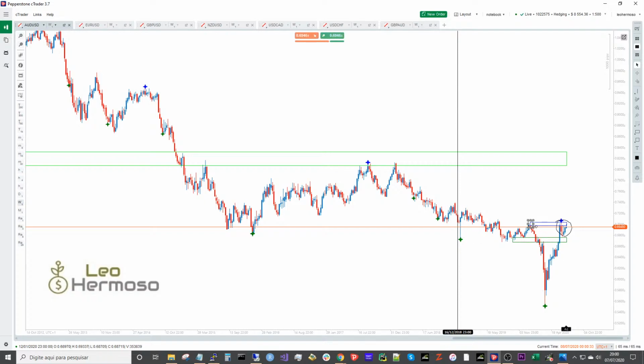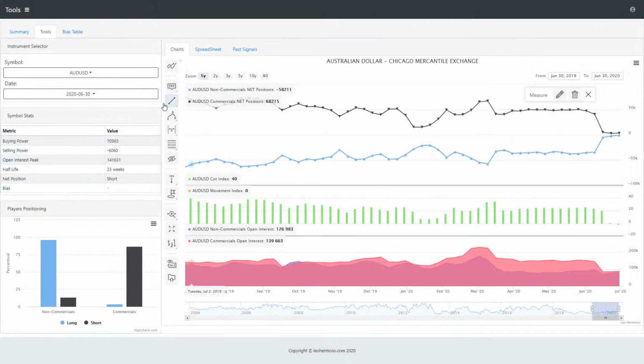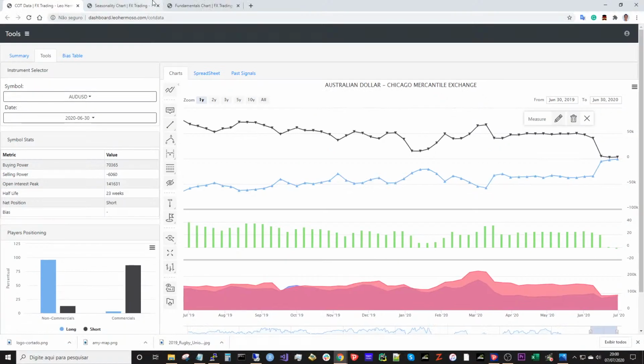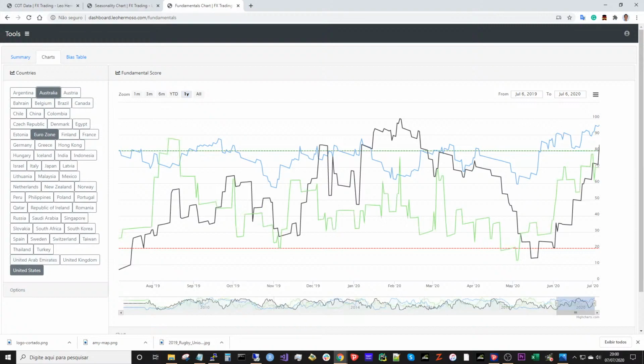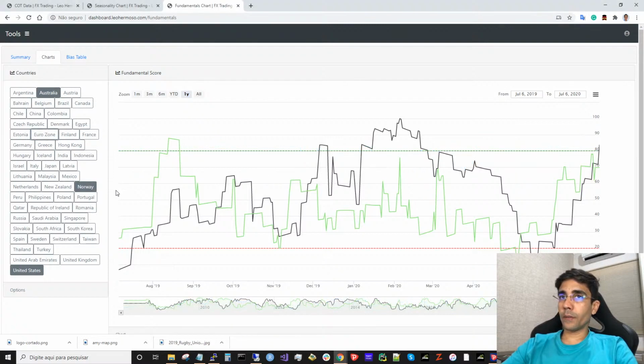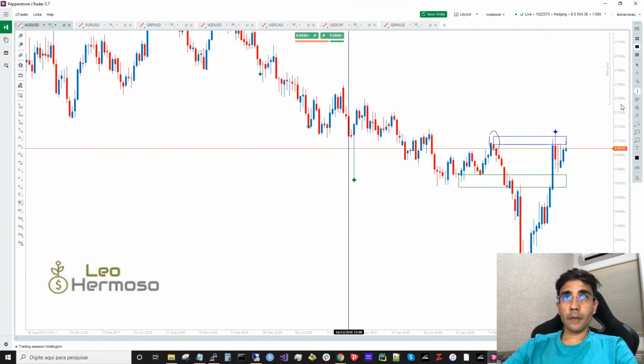Because we just need to pay attention to what is happening. First thing, we are seeing economic indicators and economic data for Australia doing very good. See, this is the start of May when it starts to trend up, and at this level the economy of Australia already started to show that it was doing pretty nice.